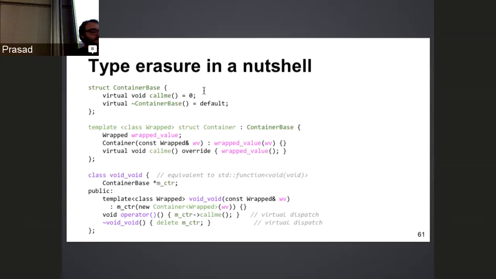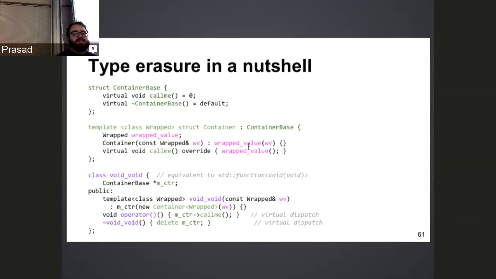So I have a container base. It has virtual methods for the two behaviors I'm interested in, namely what happens when you call the thing and how do I destroy it, right? Virtual destructor, always a good idea. And our container of T, our container of wrapped, will override the call-me behavior and say, well, we just call wrapped value.